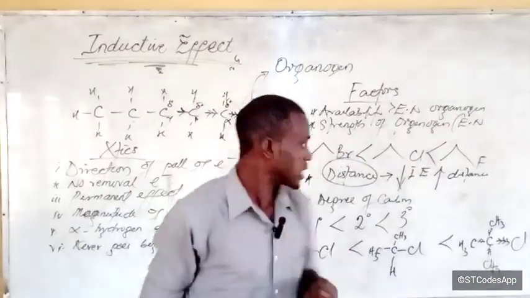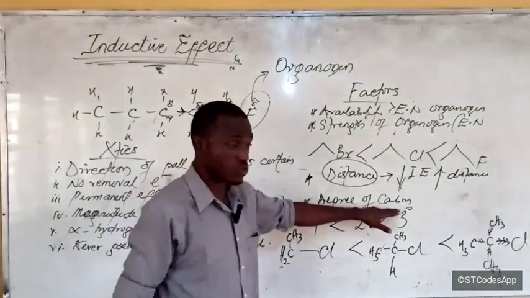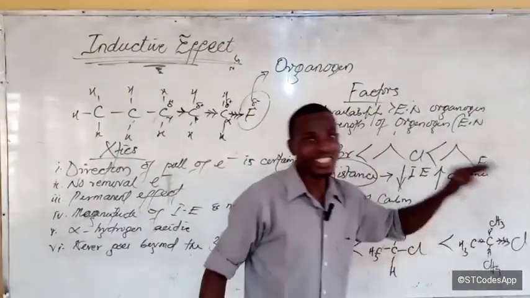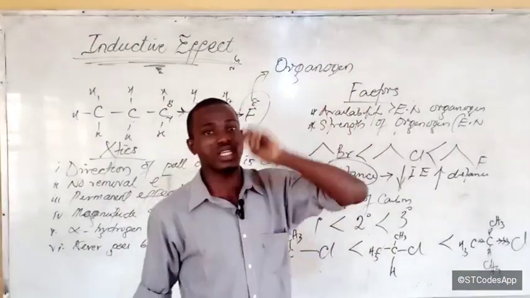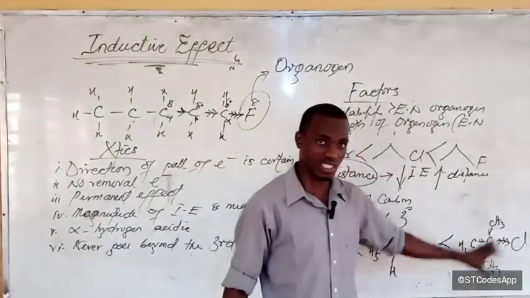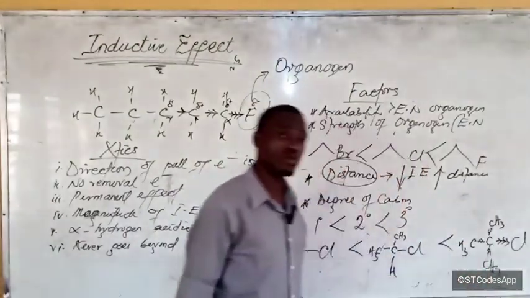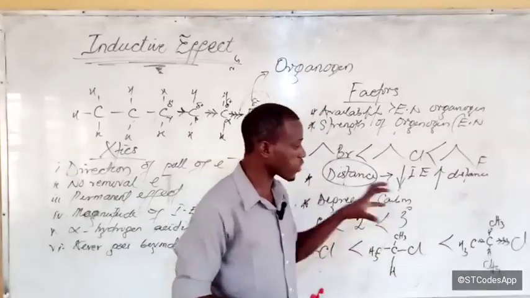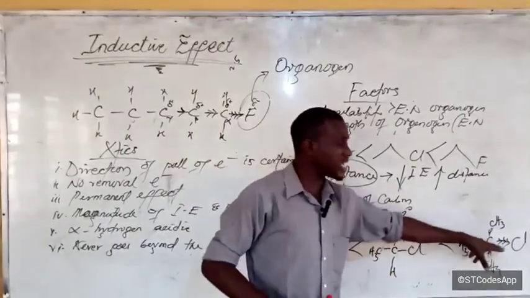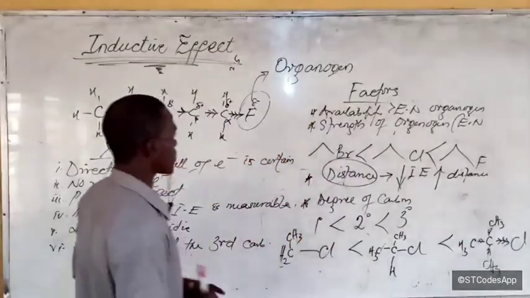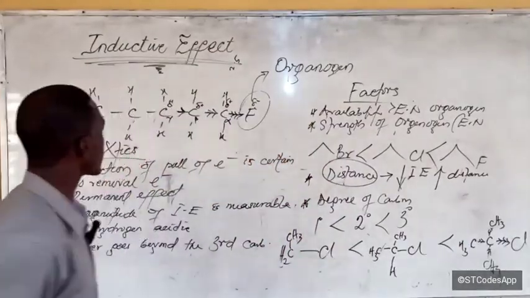And also, the degree of carbon determines it. Is that okay? But it depends on the components that are attached. Especially when alkyl groups are attached in this form, the alkyl group is an electron donating group. Because of that, they make the inductive effect greater in the chain. And this is all about the inductive effect.